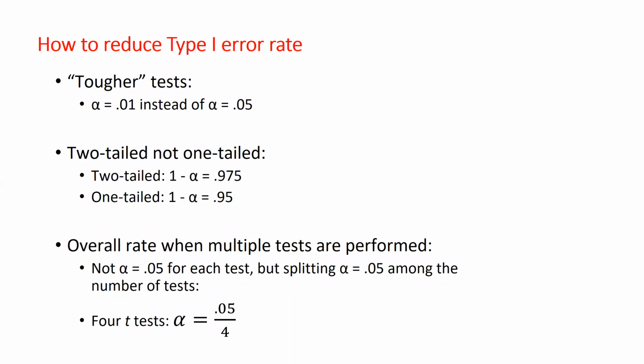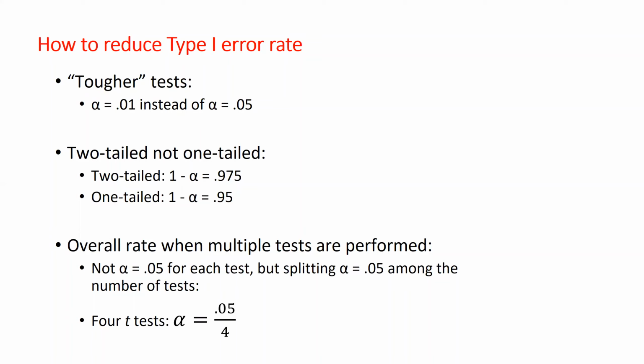And then there's a technique that we haven't covered in this class yet, which is that when you are running multiple tests, you split your alpha over multiple tests rather than just allow a single alpha rate to pertain to each individual test.